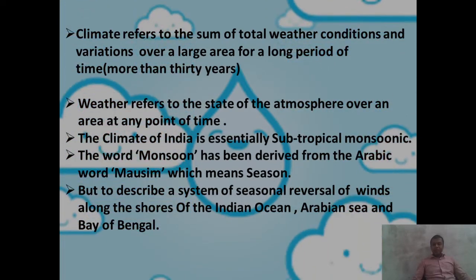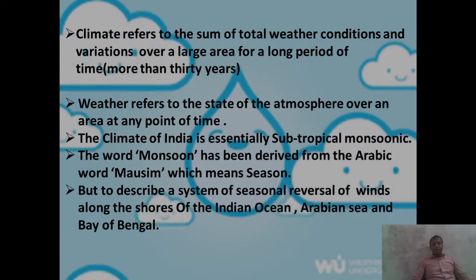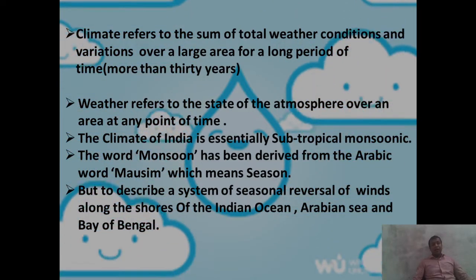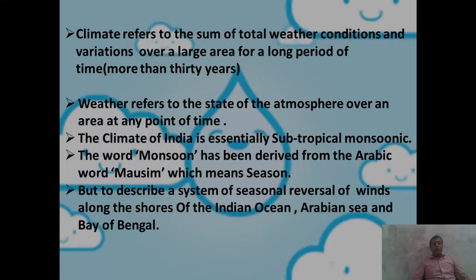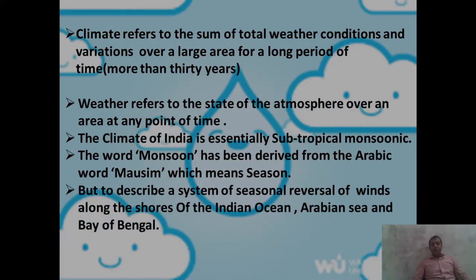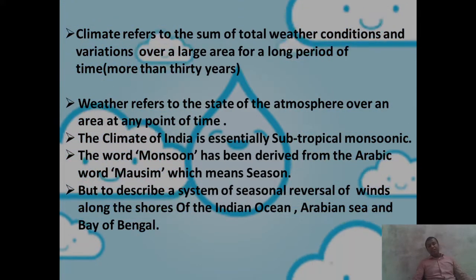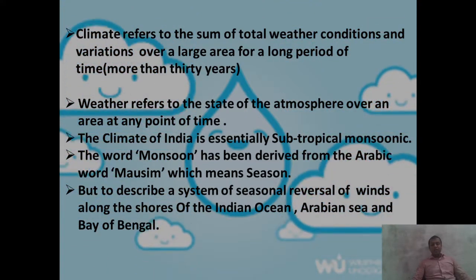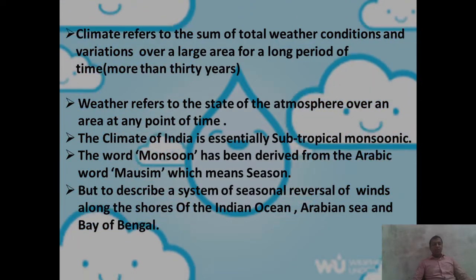Somebody says mausim and somebody says mosim. The mausim means season in the verbal meaning, but if you go into the explanation of this word, the meaning is seasonal reversal of wind along the shore of the Indian Ocean, the Arabian Sea, and the Bay of Bengal.